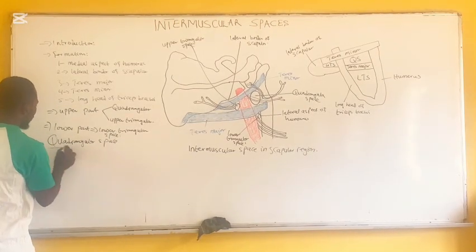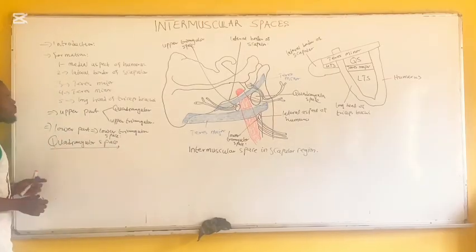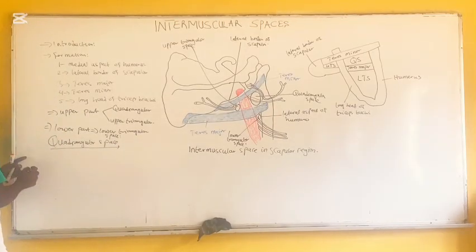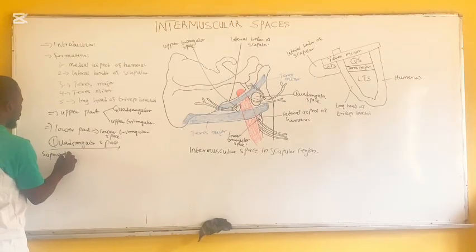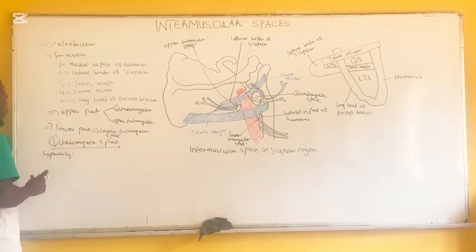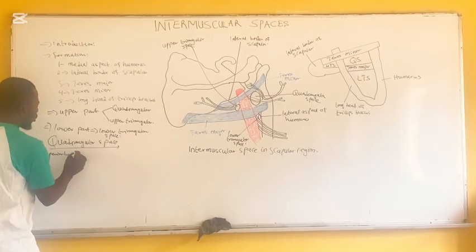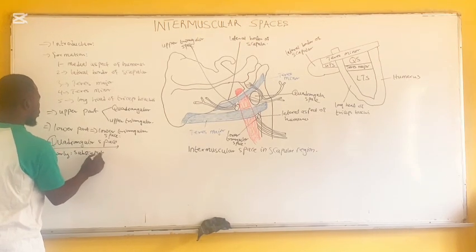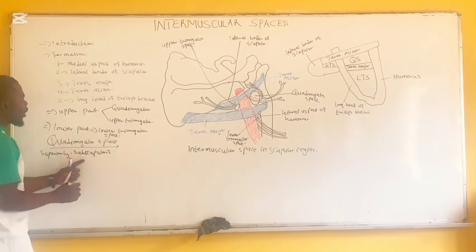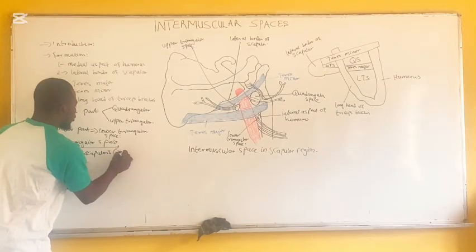The quadrangular space is bounded superiorly by the following structures. One, subscapularis muscle in front.